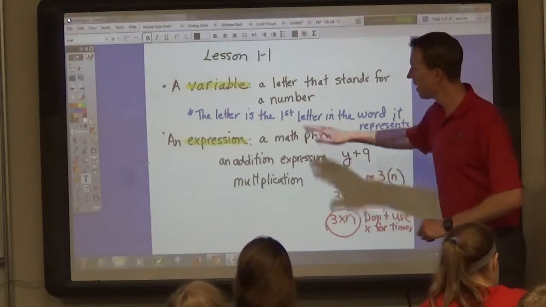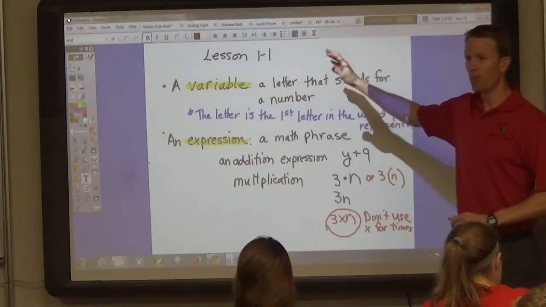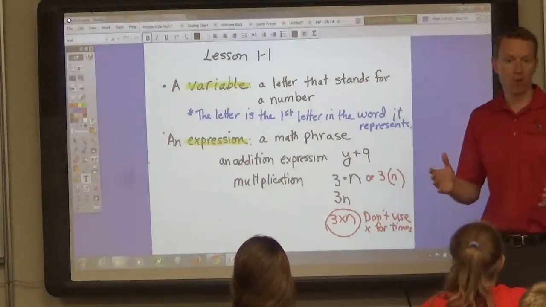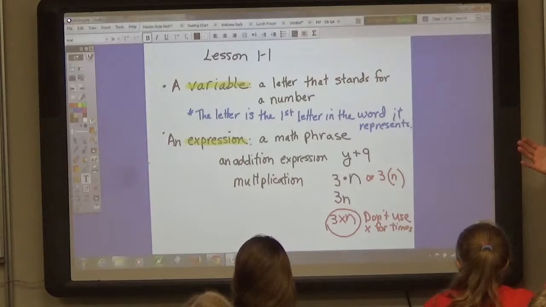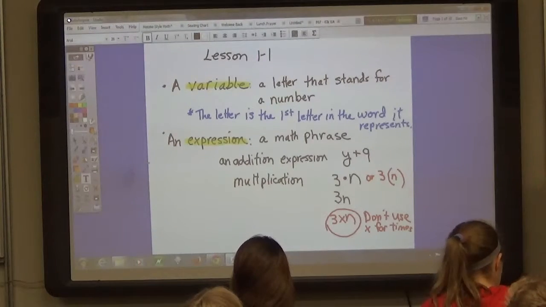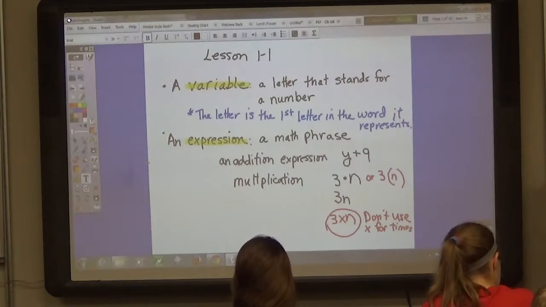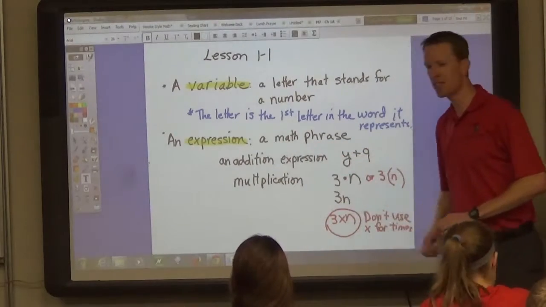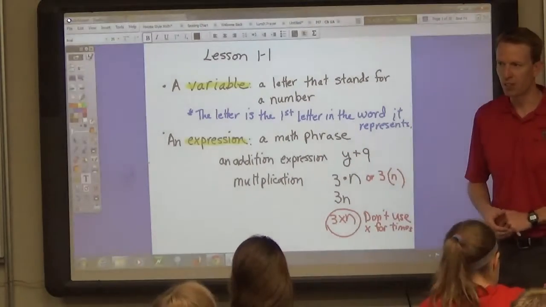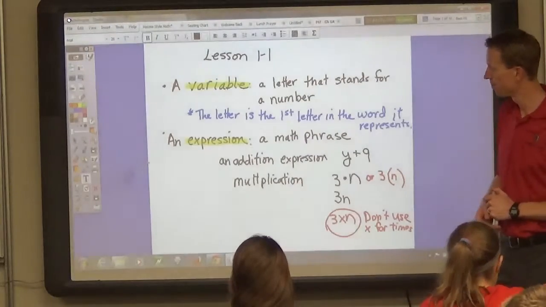You might have an expression that has just all numbers in it, called a numerical expression, or you may have an expression, or a math phrase, that contains variables, called a variable expression.